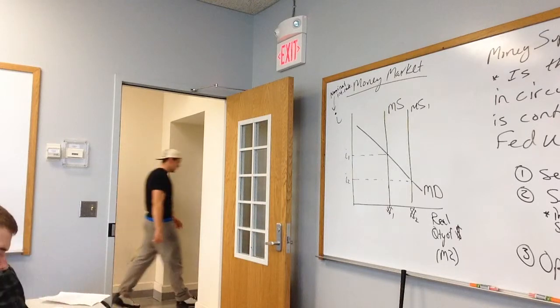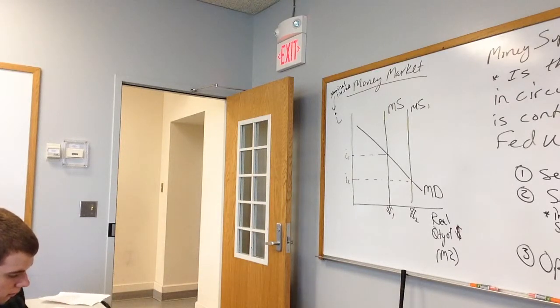5%, right? So now what this is saying is, what if I change that expectation from 105 to 110? How does that change my willingness to hold money? If prices are expected to be higher tomorrow, you're going to want that money now, right?